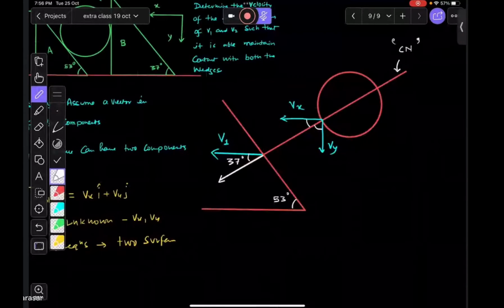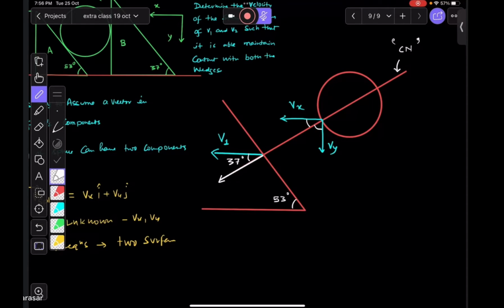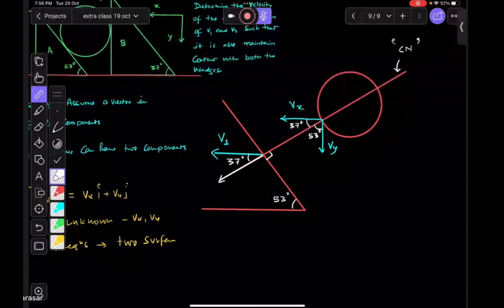Now next, the angle between this common normal and this Vy, which is in the vertical direction. So the angle between the one that is perpendicular to the inclined plane and the one that is perpendicular to the horizontal, which is vertical, along which we have got Vy acting, will have the same angle. So this is 53 degrees. So automatically the other one will be 37, that you can tell because the angle between Vx and Vy is 90.